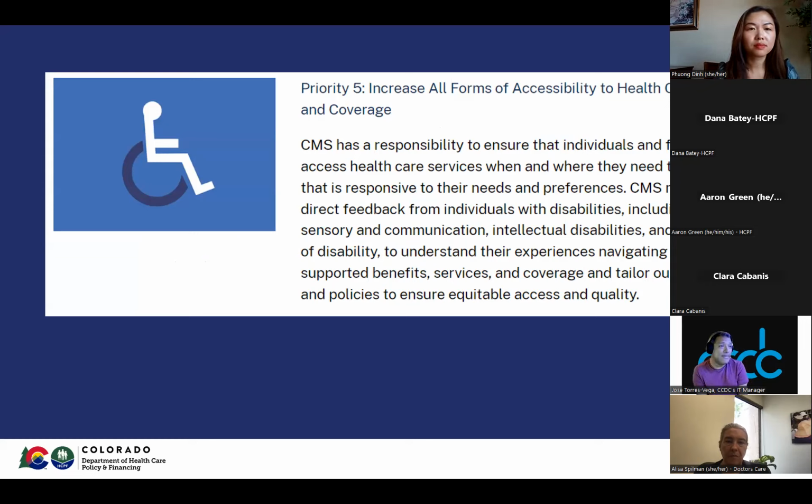So priority 5: increasing all forms of accessibility to healthcare services and coverage. And please let me know if I'm speaking too fast, interpreters. CMS has a responsibility to ensure that individuals and families can access healthcare services.